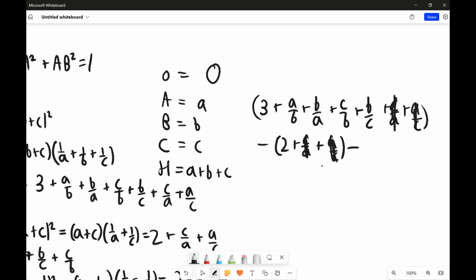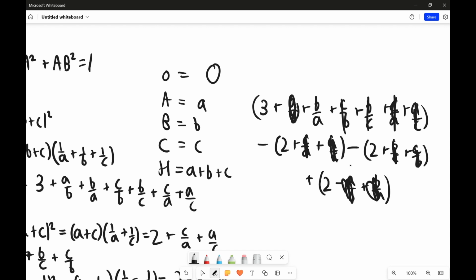Then we subtract 2 plus B over C plus C over B, and these terms cancel out. And then we add 2 minus A over B minus B over A, and these terms also cancel out. All we are left with is 3 minus 2 minus 2 plus 2, which is 1, as we claimed.